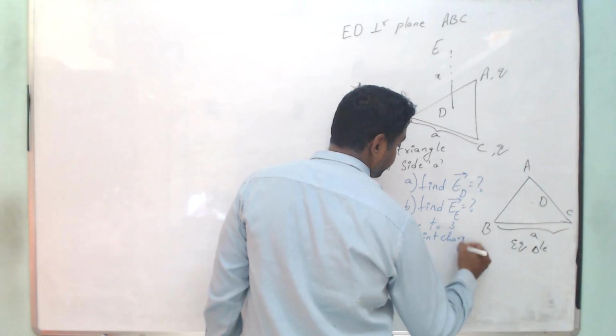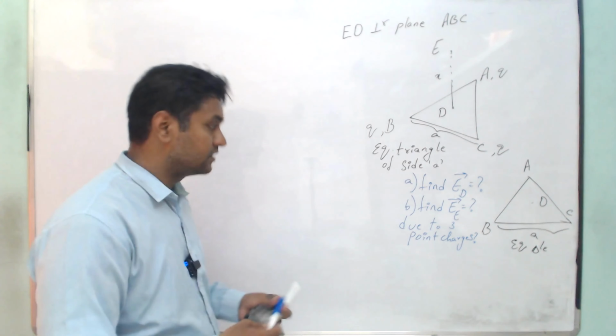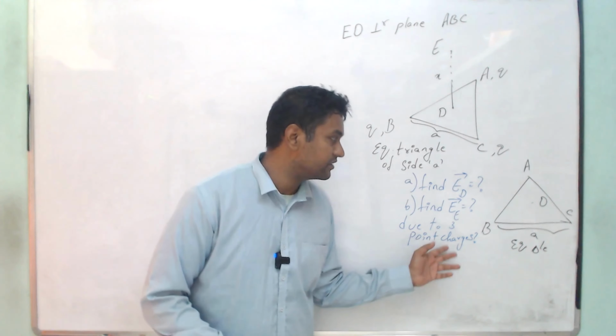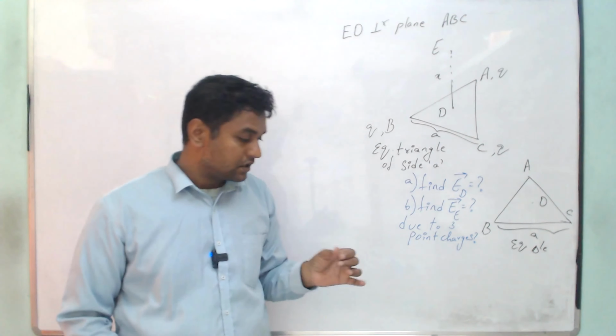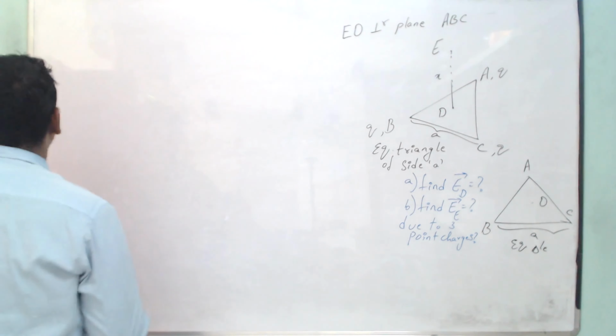Usually if we say find the electric field at D and E, that's enough. It is obvious that we are finding the electric field due to all the 3 point charges.